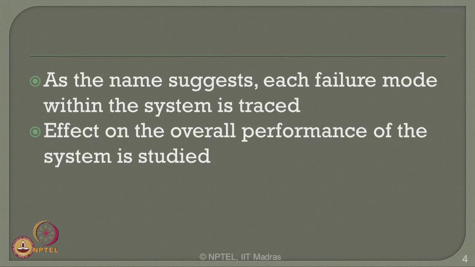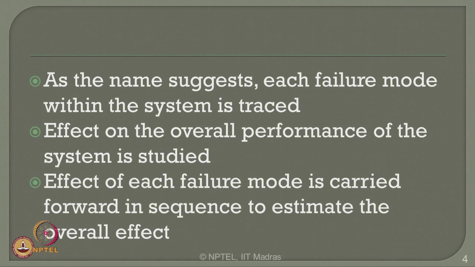So, the entire outcome of the study is the significance of failure of the components on the overall system, whereas the study focuses on the failure of the components part by part, which leads to the successive overall failure of the entire complex system. Each failure mode is carried forward in a sequential manner to estimate its overall effect on the performance of the given mechanical system.